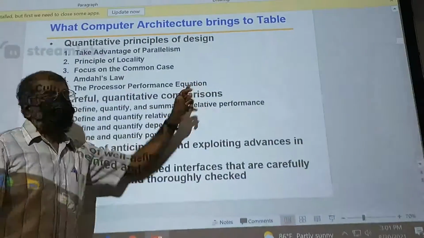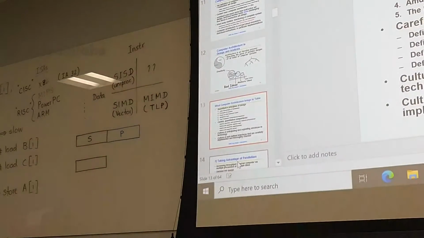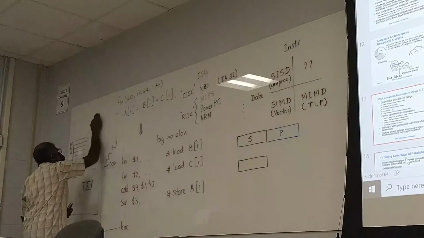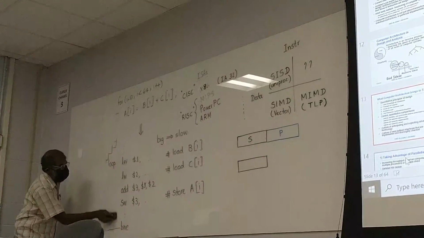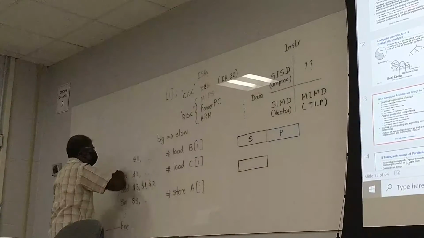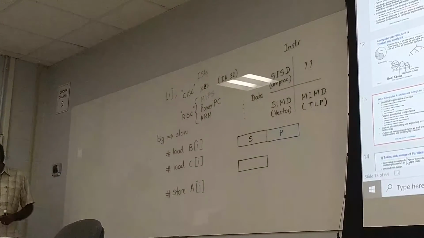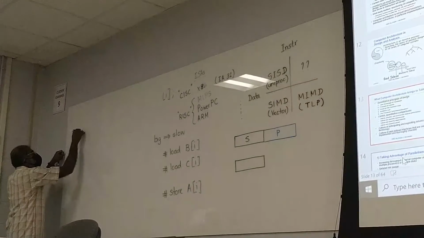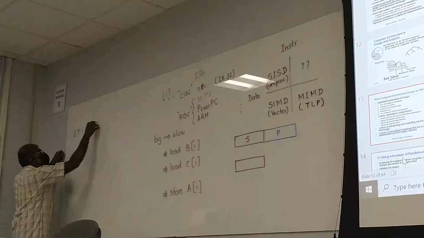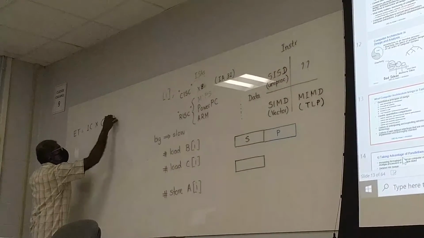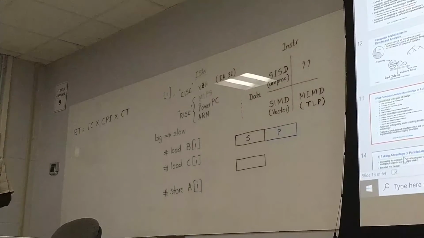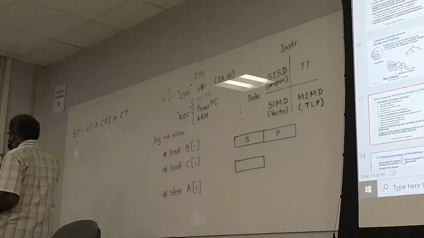And the last one here is the processor performance equation, which is an equation we will be using a lot here. We just have two equations in this course.